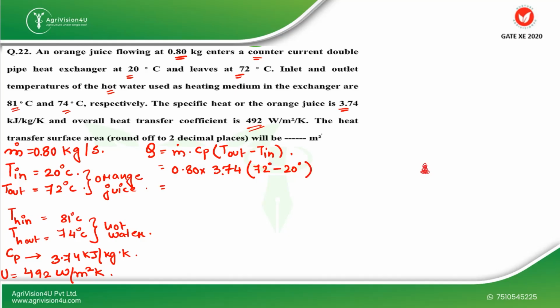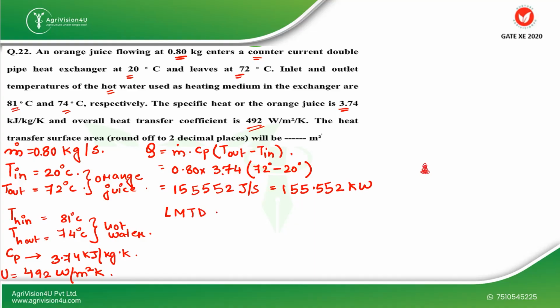Calculating this, we will get Q equals 155 joule per second. Converting to kilowatt, it is 155.552 kilowatt.